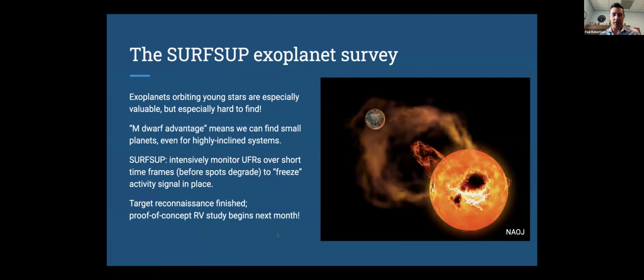But basically, we've done a reconnaissance survey of these ultrafast rotators to try to find the ones where V sin I is not so high that we can't do RVs. But we're doing a proof of concept RV study on that target I just showed. The data will start flowing when the star rises next month, and maybe next time I talk to you all, I'll have some results to show.